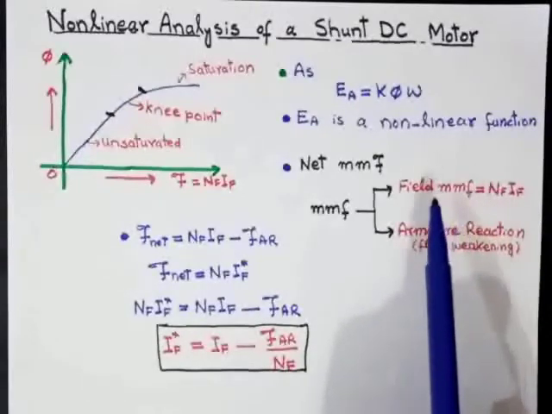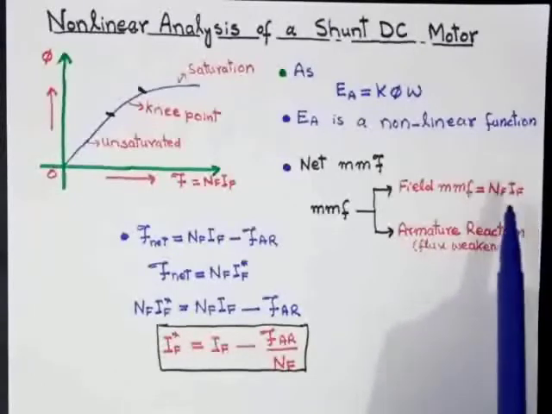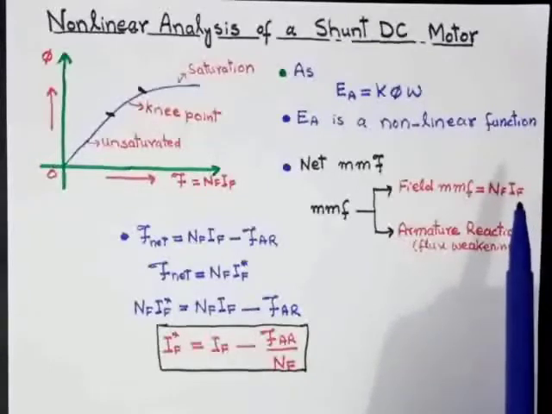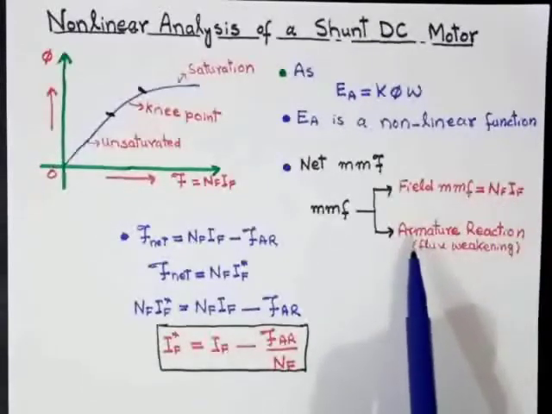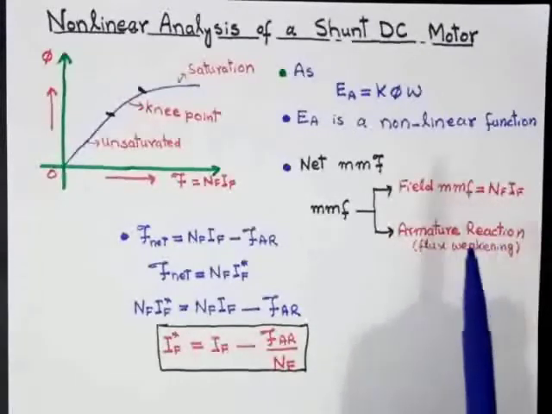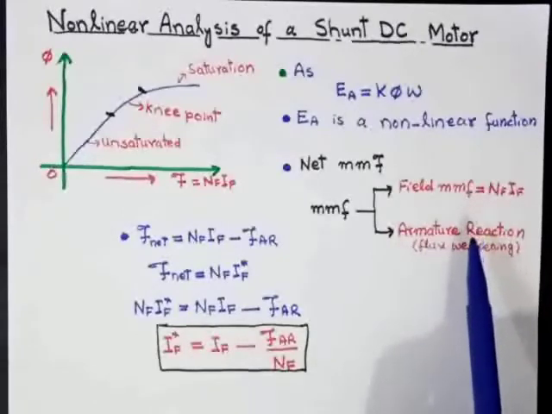The formula of magnetomotive force is NF into IF. NF means the field winding number of turns. IF means field current. And the second one is the armature reaction. As we have already discussed, when we connect the load, current flows across the armature winding.